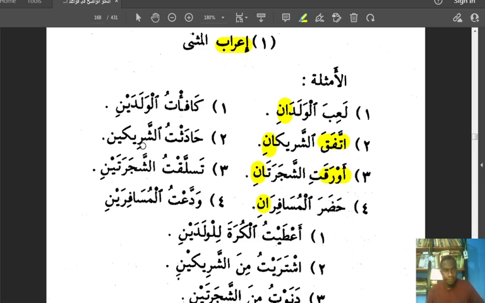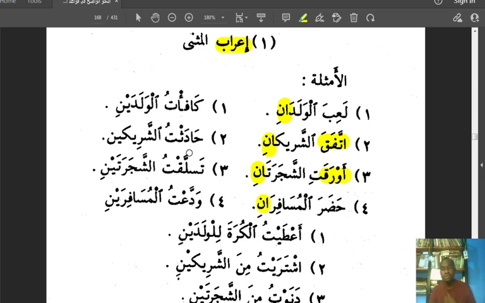Okay. And after knowing the state of the raf'un, we will now have to know, because nouns are in three cases. Nouns can be marfu, nouns can be mansub, nouns can be majroor.